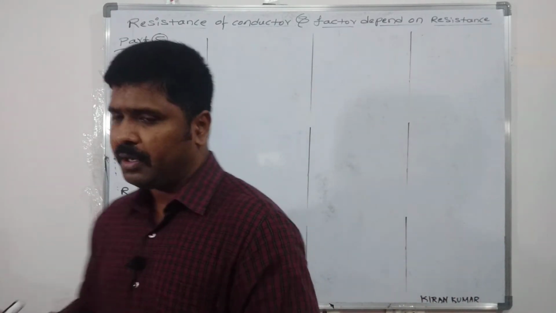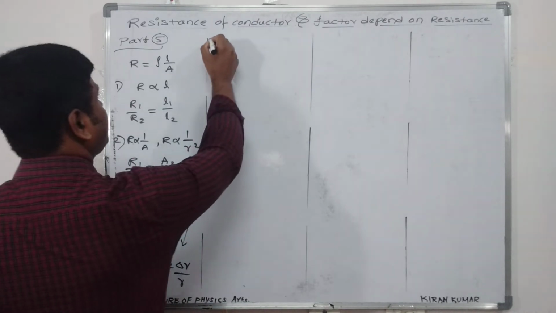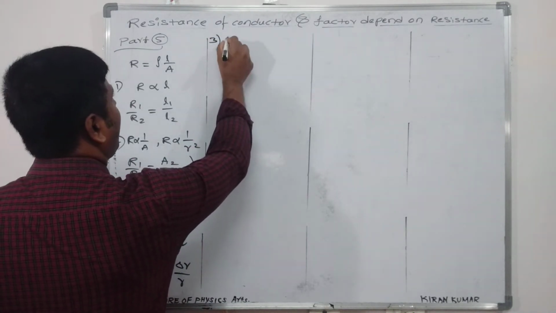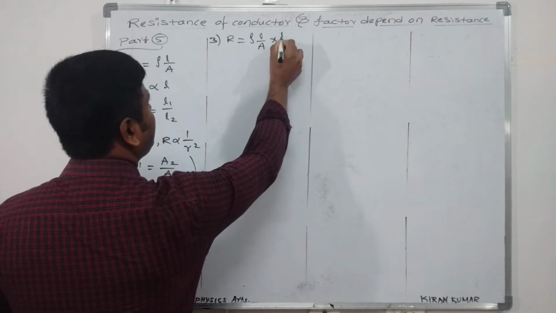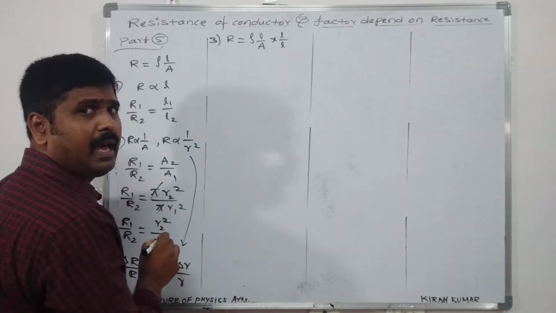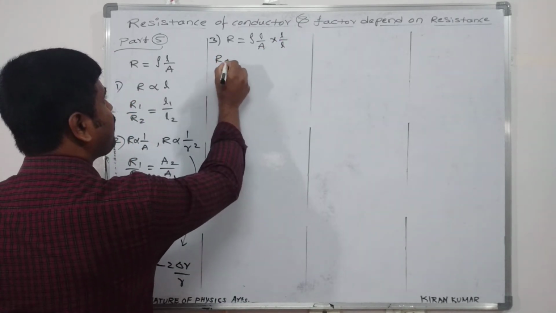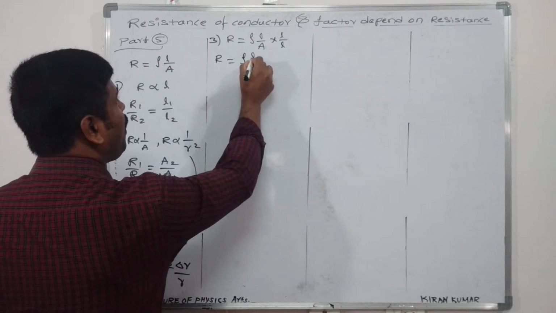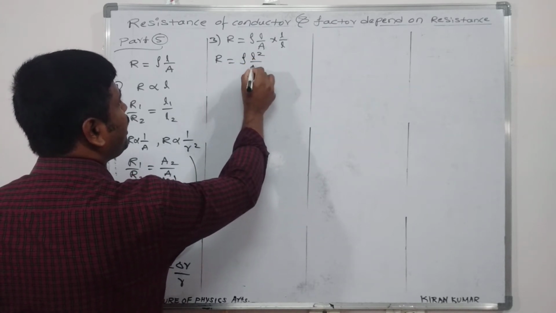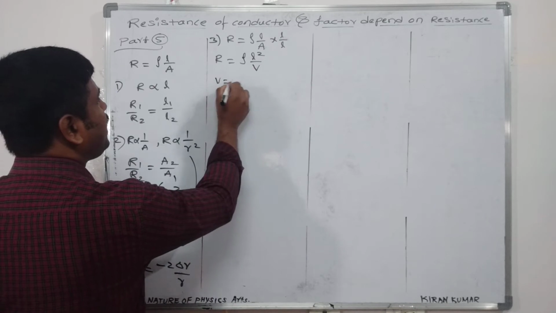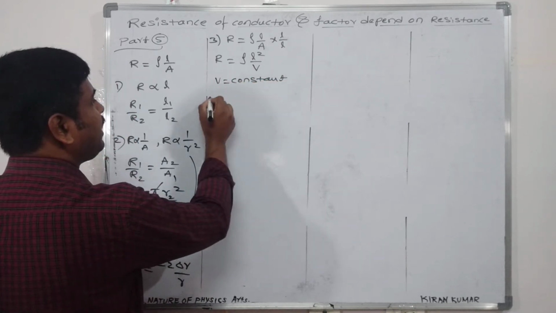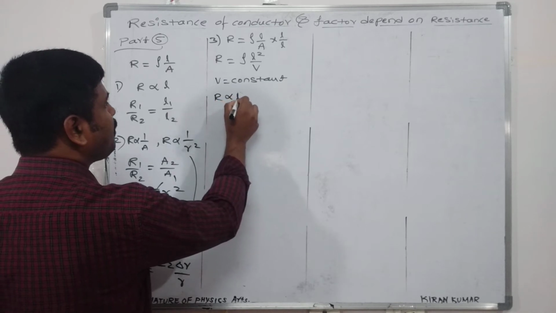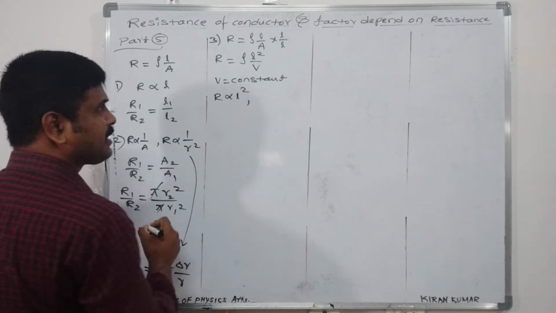And continuation. Next, third one. For third one, R is equal to rho L by A, here multiplying and dividing with L. Then R is equal to rho L square divided by V, where V is constant. For that, R is directly proportional to L square.